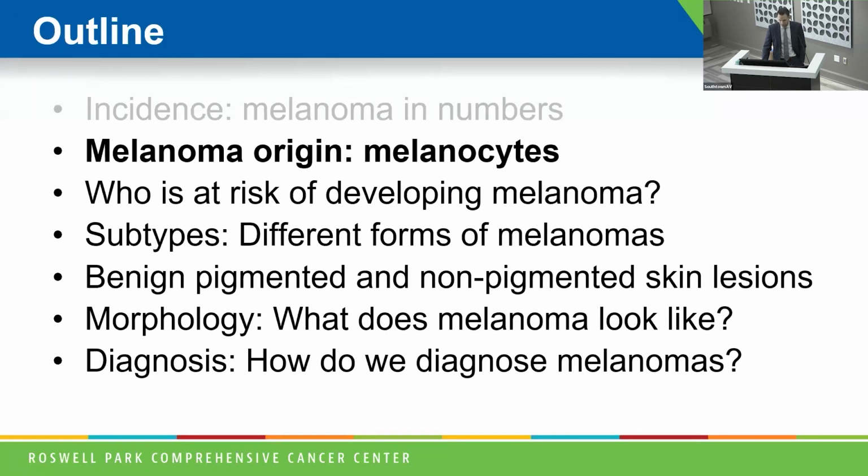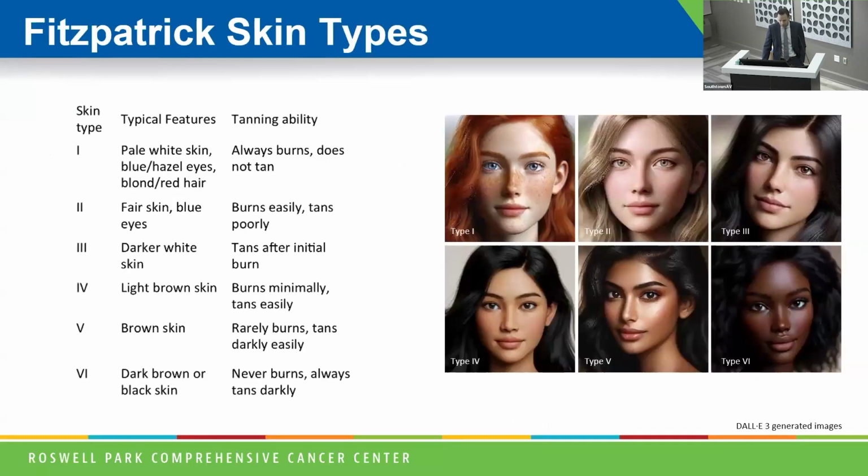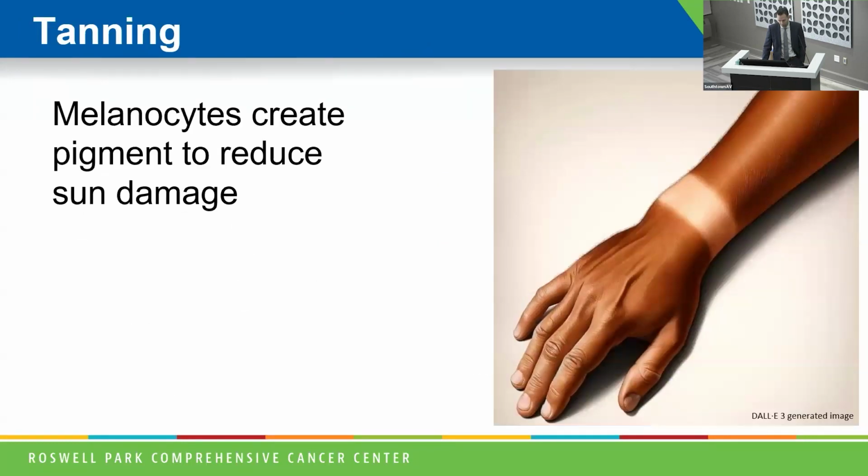Melanoma originates from melanocytes. Melanocytes are the cell type that produce pigment in our skin. And these melanocytes are responsible for all the shades of color that we see in our non-sun exposed skin. Their normal function is to reduce sun damage to our skin by producing more pigment.